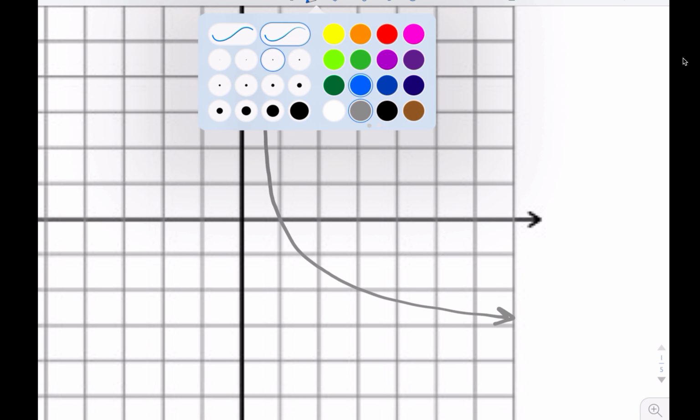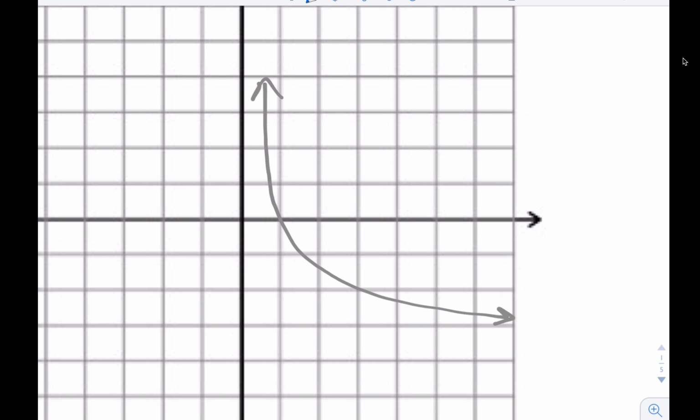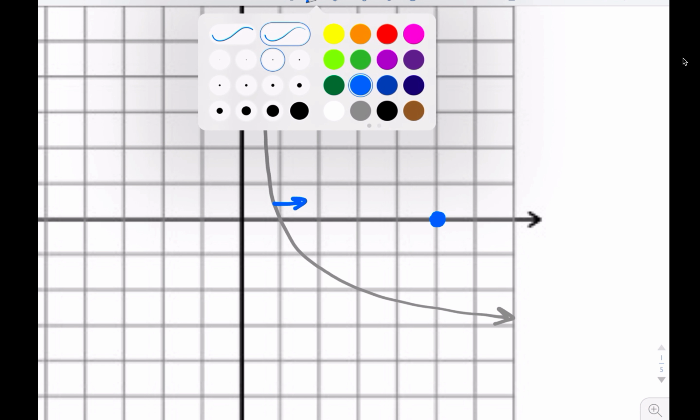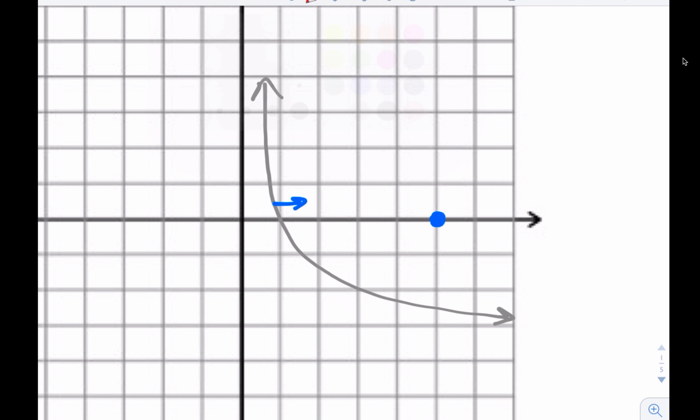Okay, so then what I'm going to do is take that point, (1, 0), and move it to the right 4 units. So now it should go through (5, 0). Now I originally had my asymptote at x equals 0, but that also is going to get shifted 4 units to the right.